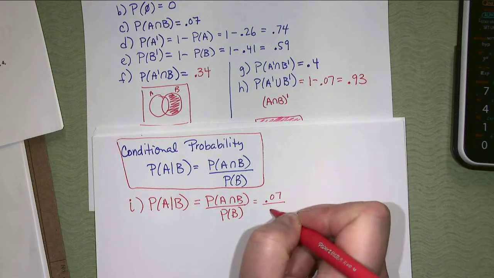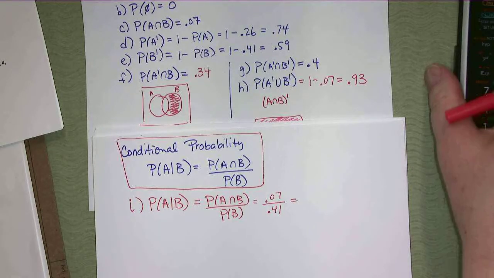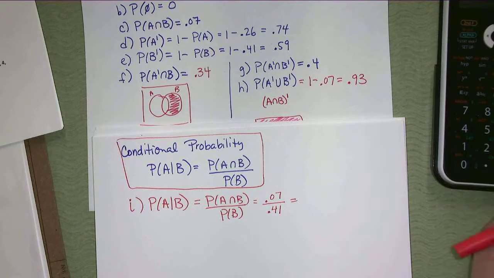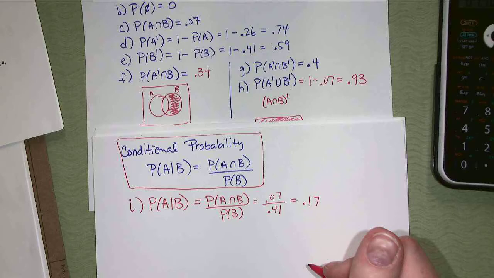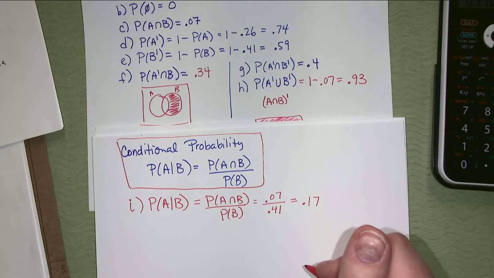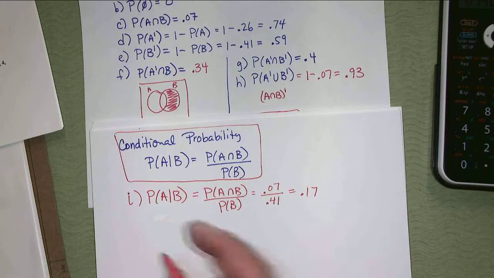And the probability of B is 0.41. So 0.07 divided by 0.41. You don't need to keep more than 2 decimals. They're probabilities. They're not exact anyway.